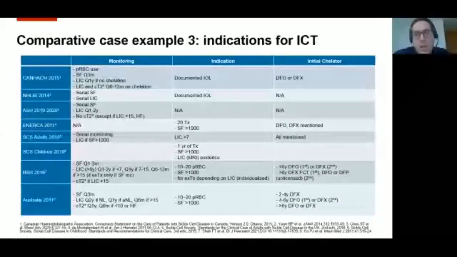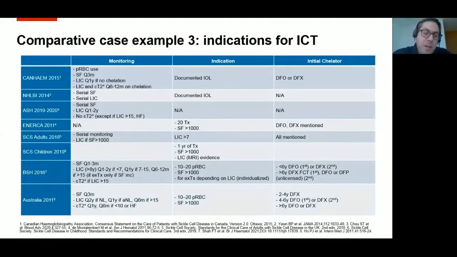When we look at indications for iron chelation therapy, again, some variability here, but nothing major. Most of the guidelines obviously recommend regular monitoring for iron overload in patients receiving chronic transfusions. Definitely serial serum ferritin follow-up is indicated, usually at an interval of 1 to 3 months, but the use of LIC by MRI or cardiac T2 star was conditional in most of the guidelines.